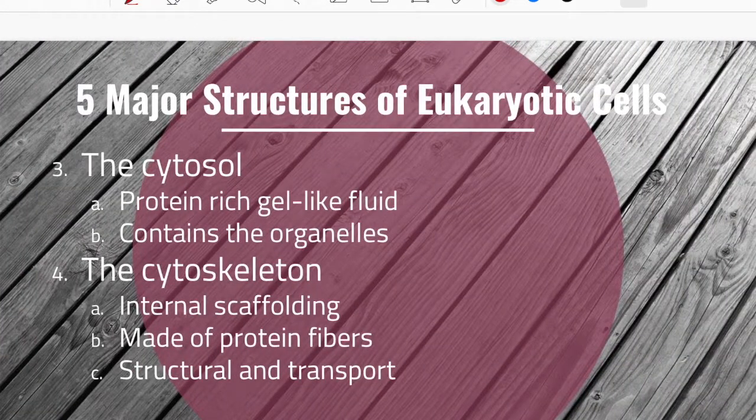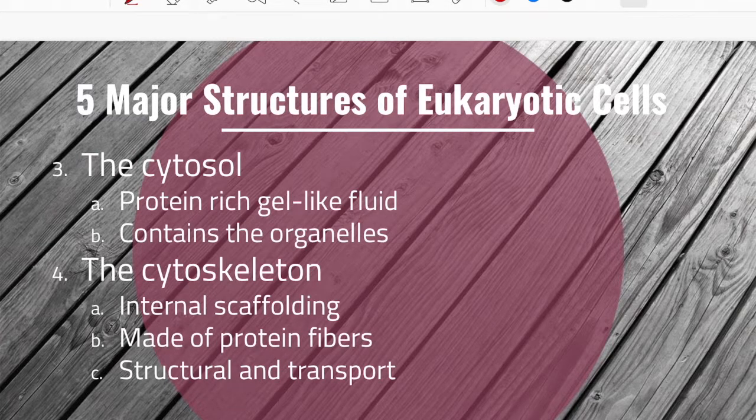Cytosol, when we think about the cell and the material that's inside of the cell, we think about cytoplasm. Cytosol is that gel-like fluid that's inside the cell that holds the organelles. If we're just talking about the fluid-like substance, we're talking about cytosol. If we talk about the fluid-like substance plus the organelles, you're talking about the cytoplasm.